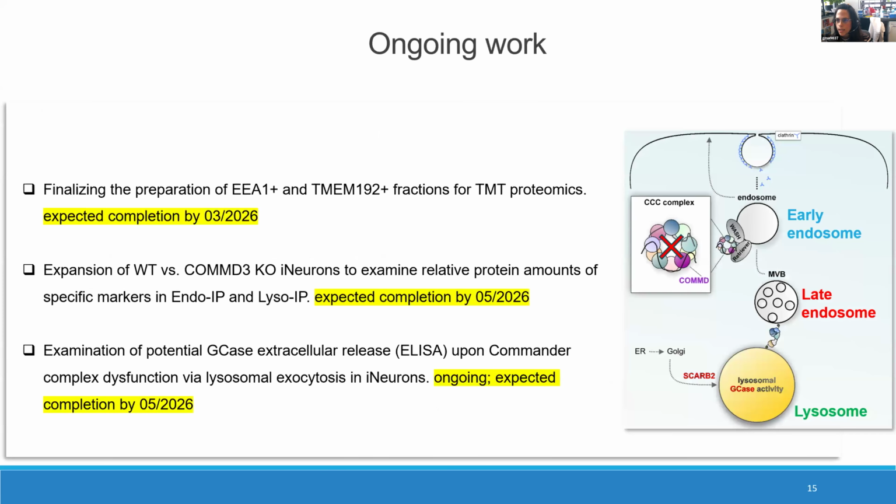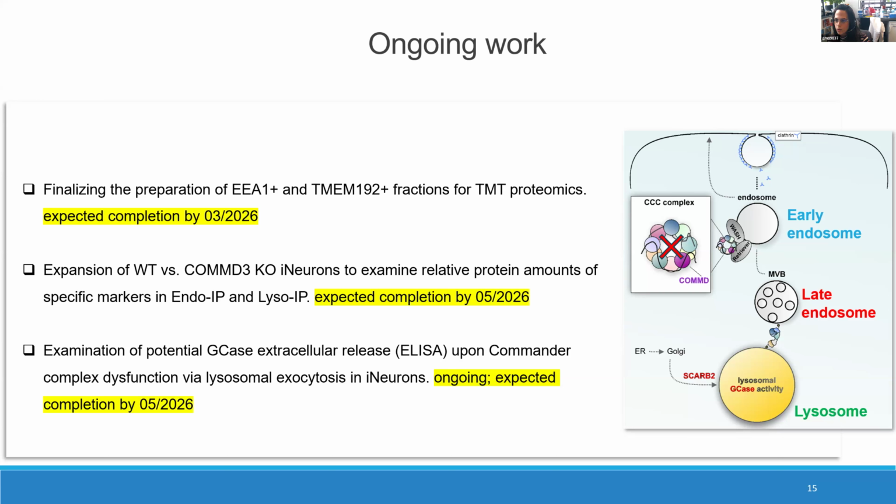So ongoing is the finalizing, over the next 3 months, of all these fractions to be submitted for proteomics, currently expanding iPS neurons and dopaminergic neurons to validate some of the things within the next 3 months, and also examination of where exactly GCase goes under Commander dysfunction, because we know less of it is in the lysosomes, but it is not identified in exosomes.